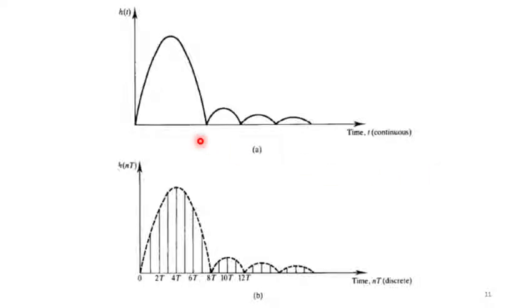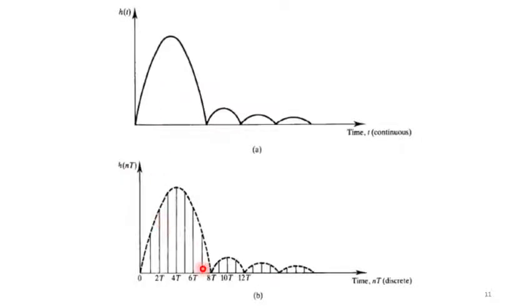So for example, this is the impulse response, and you understand impulse response is basically in the time domain. This is the impulse response of the required filter we want to design. Then we just sample it, and we get the sampled version of this one.